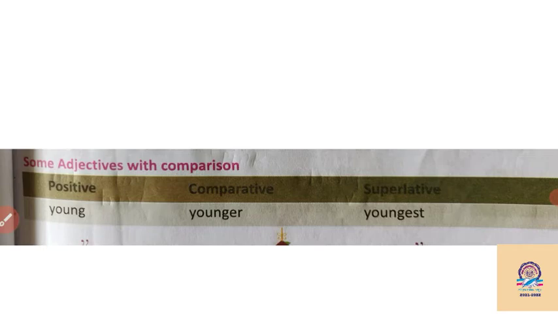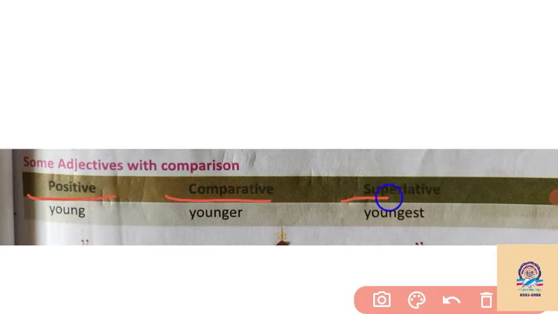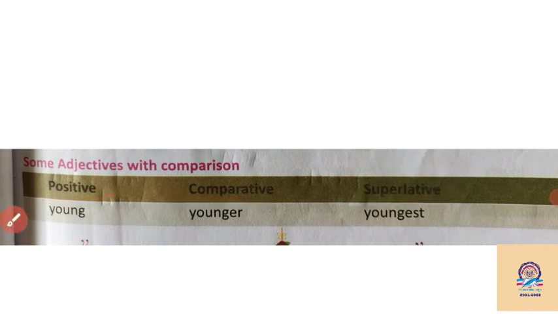So how do we change the adjective? We have a list here with some adjectives and their comparisons: the positive is given in the first column, then the comparative, then the superlative. Suppose young is there.